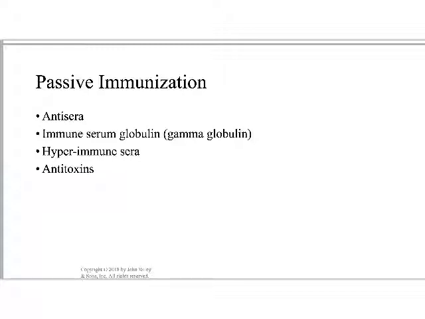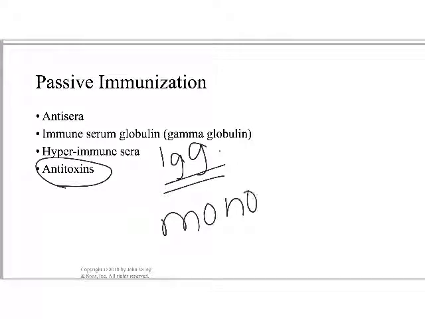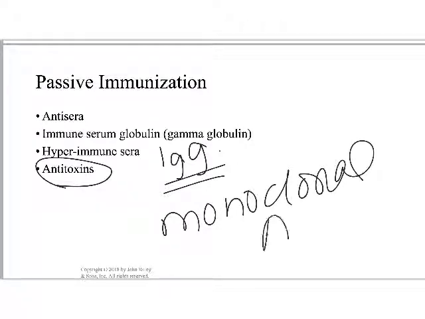Hyperimmune sera is antisera that has a high concentration of IgG, so it's something that's kind of been beefed up. And then antitoxins are antibodies to toxins. Sometimes they consider monoclonal antibodies passive immunization, especially against RSV.